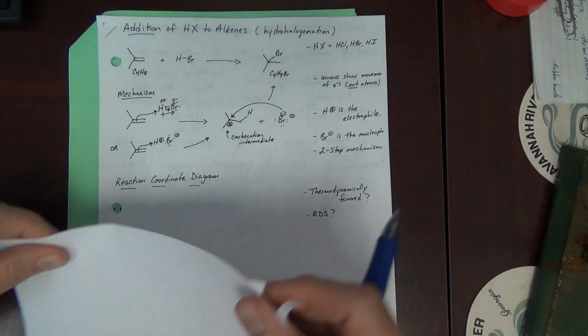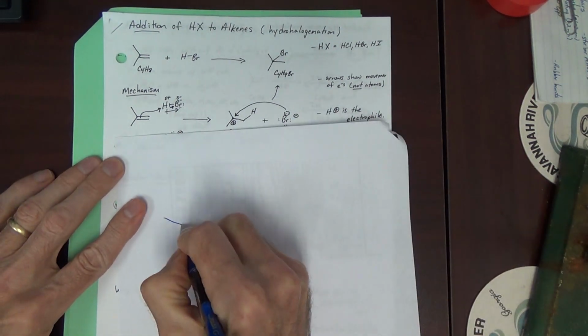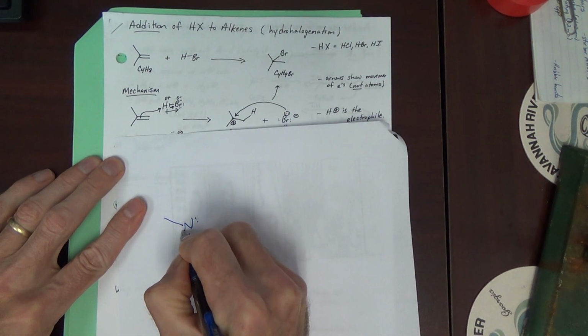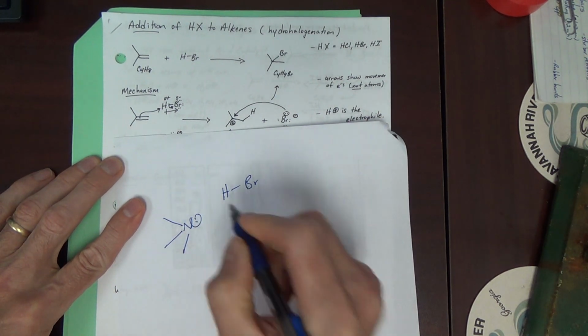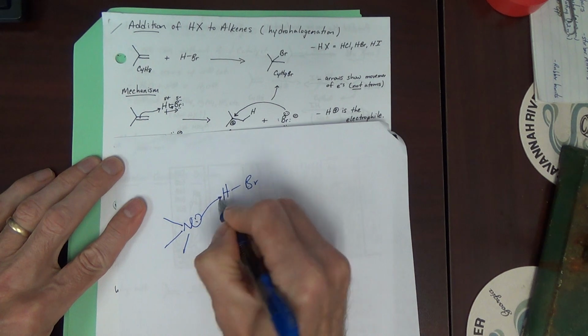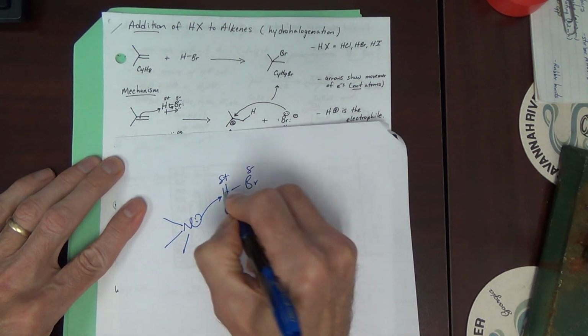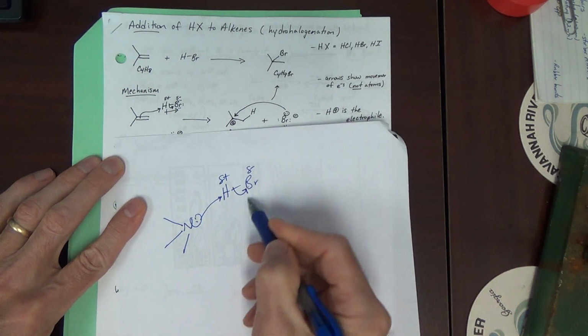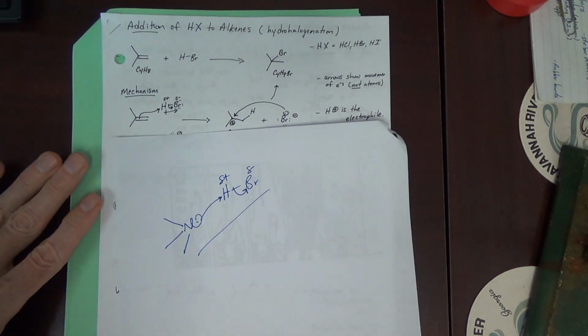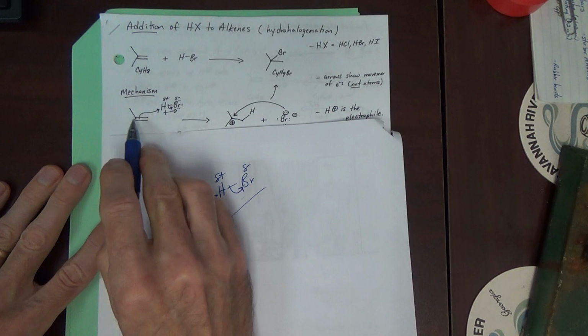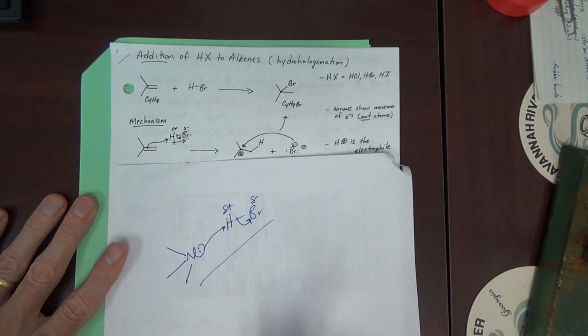If that was a lone pair, like if we had a nitrogen with a lone pair, these electrons would attack the H, which is partial plus, and these electrons would move here. Standard acid-base that we did during test 1. But here it's the pi electrons that attack the H.